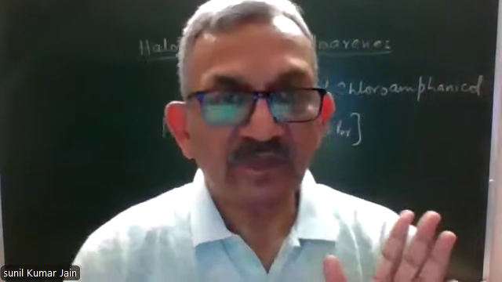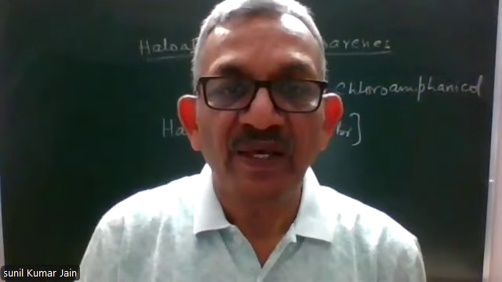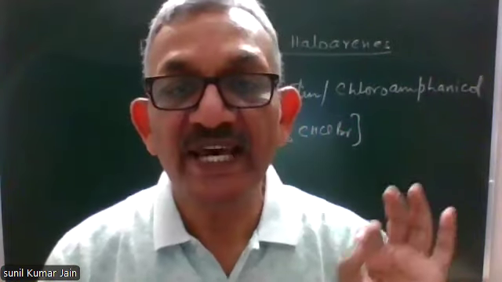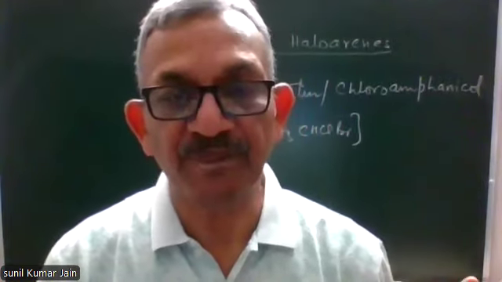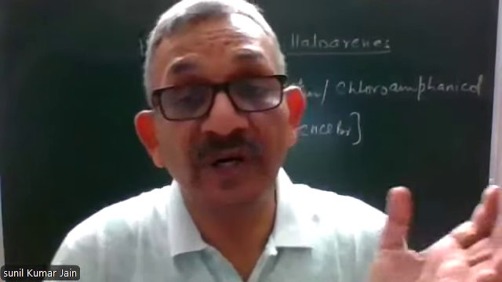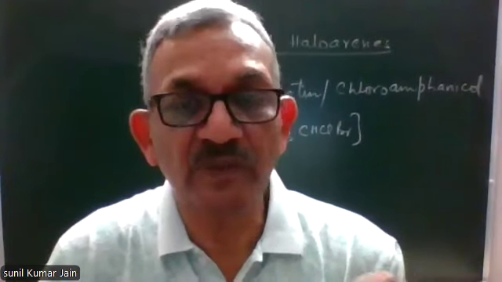Now this will take in two parts. First part will be compounds in which halogen is attached to sp3 hybridized carbon atom. First of all, I think you should be aware of how do we find out state of hybridization of carbon atom in the molecule.